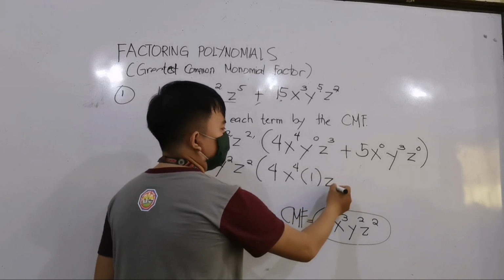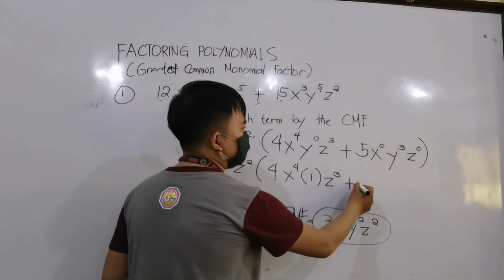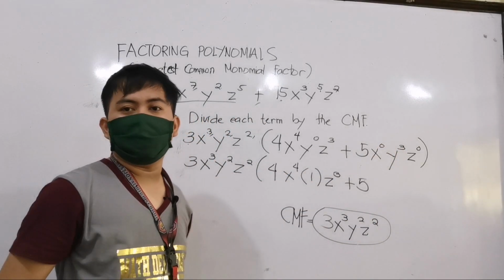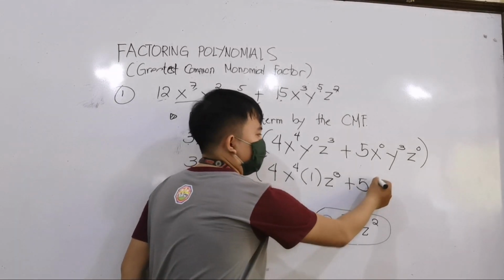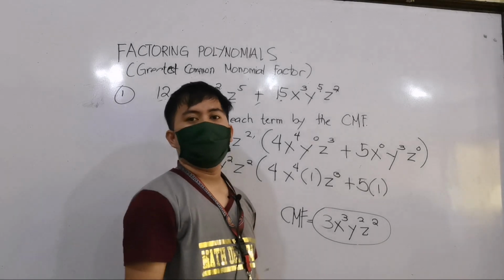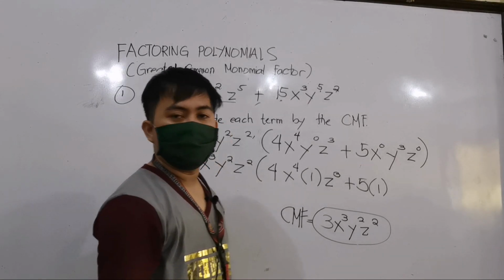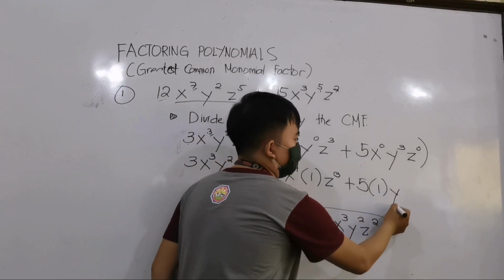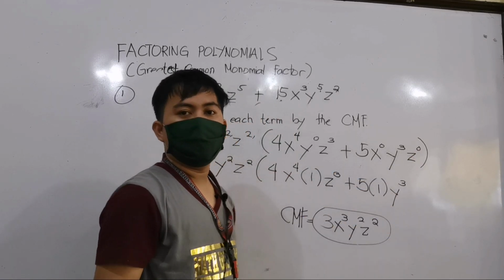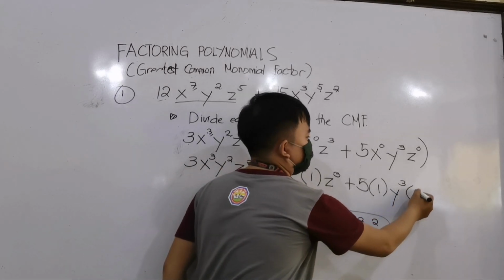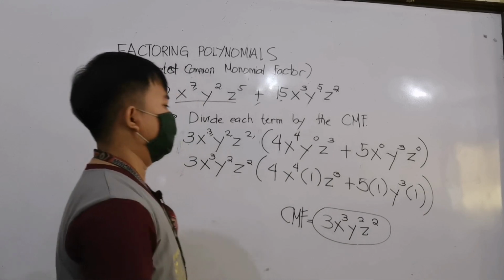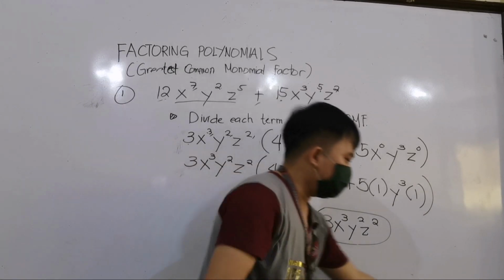Z raised to 3 plus 5. Another variable which has an exponent of 0. All numbers or all terms that is raised to 0 is always equal to 1. Y raised to 3 and another variable z raised to 0 times 1. Okay, then close parenthesis. Erase na po natin.